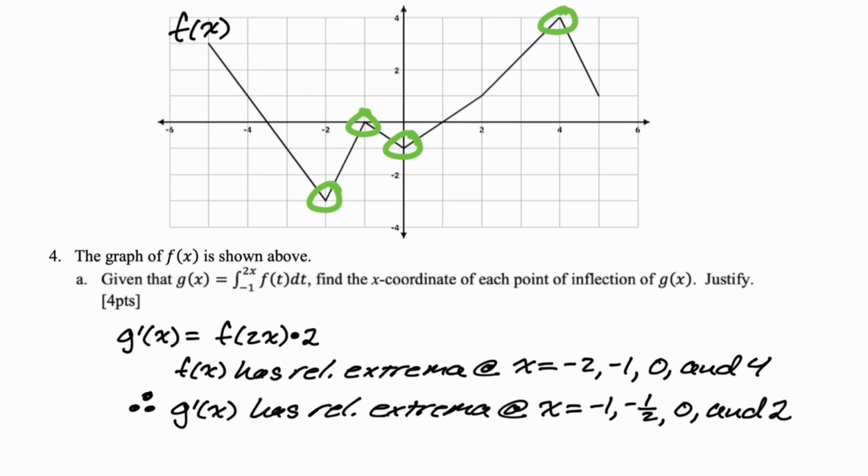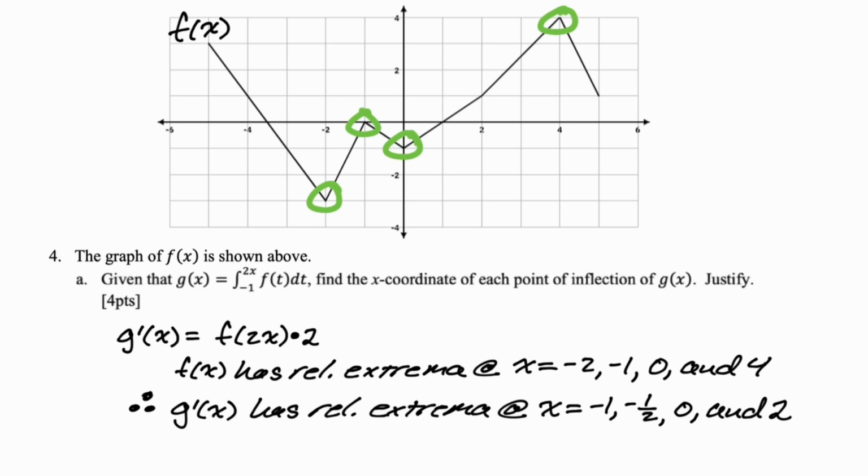So g prime has relative extrema at x equals -1, -1/2, 0, and 2. Just take those values, plug them into f of 2x, and see what it gives you for f of x. So if I take -1, I'll do f of 2 times -1, so f of -2. Look at the graph of f at -2. There is a relative extrema. So that's the logic behind how this is working, and you can do that with all 4 of them.